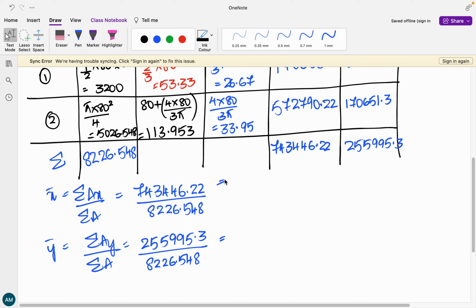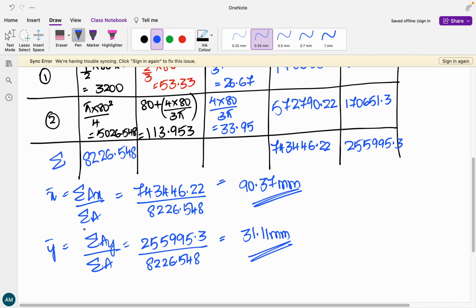In the first case, we get a value of 90.37 mm, and the next one is 31.11 mm.